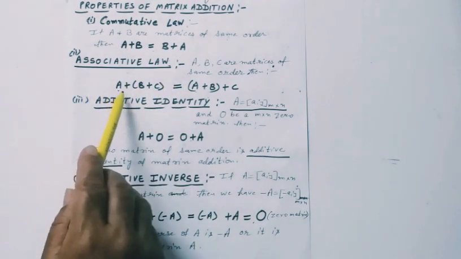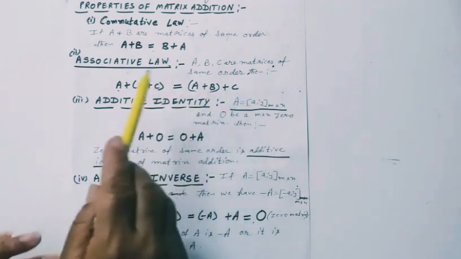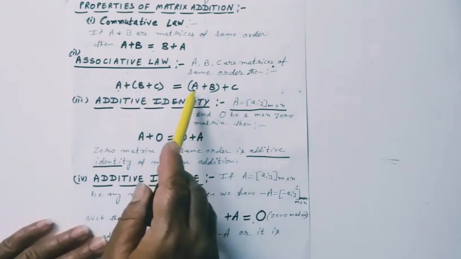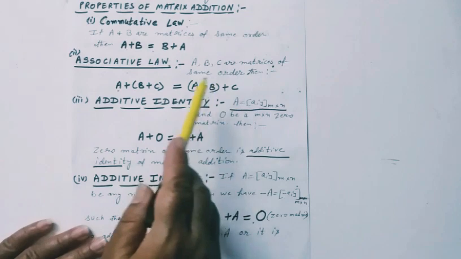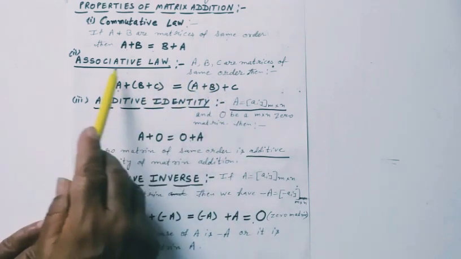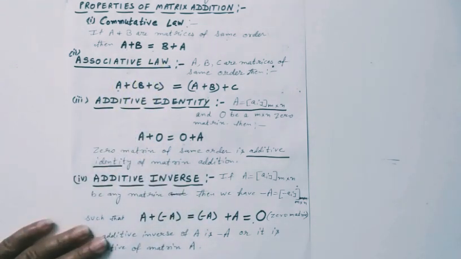That means if you have three matrices A, B and C and their order is the same, then either you add B and C first and then you add this sum to A, or you add A and B first and then you add C to this sum. Both these results are going to be the same. So we can say the associative law is followed by matrix addition.